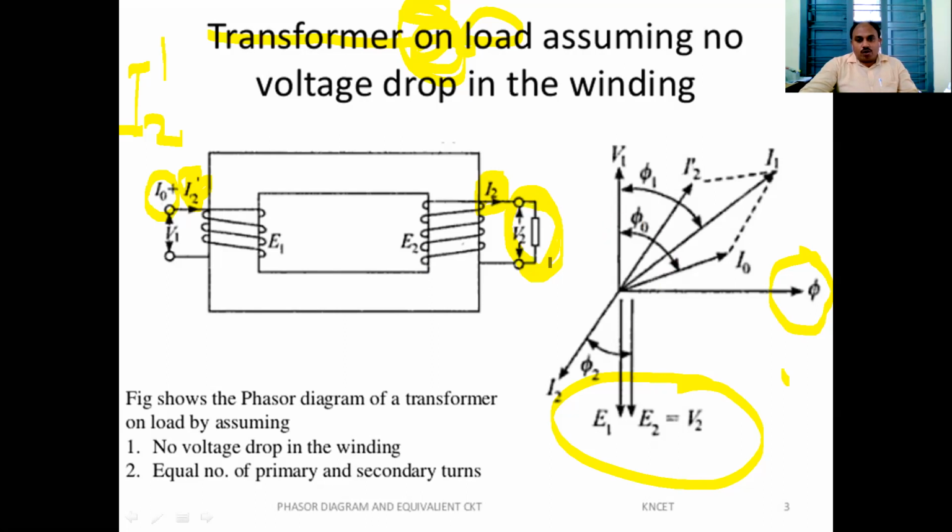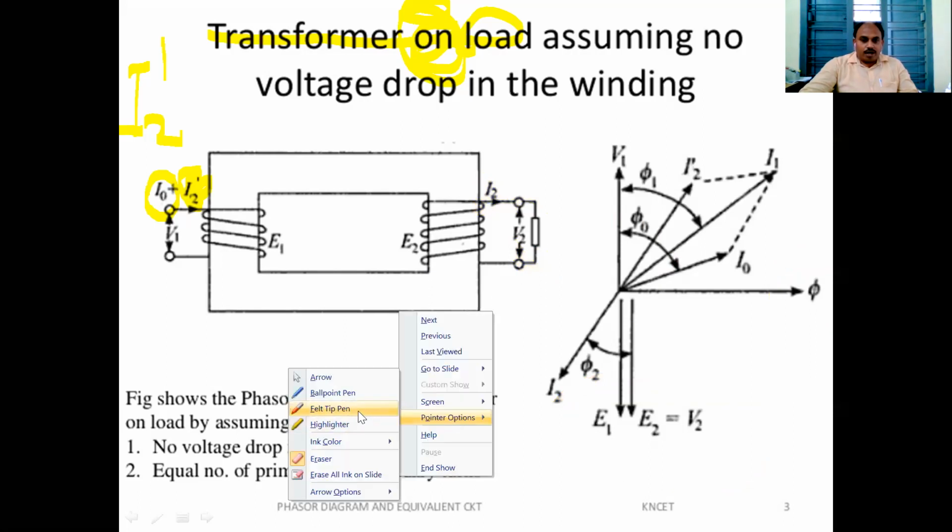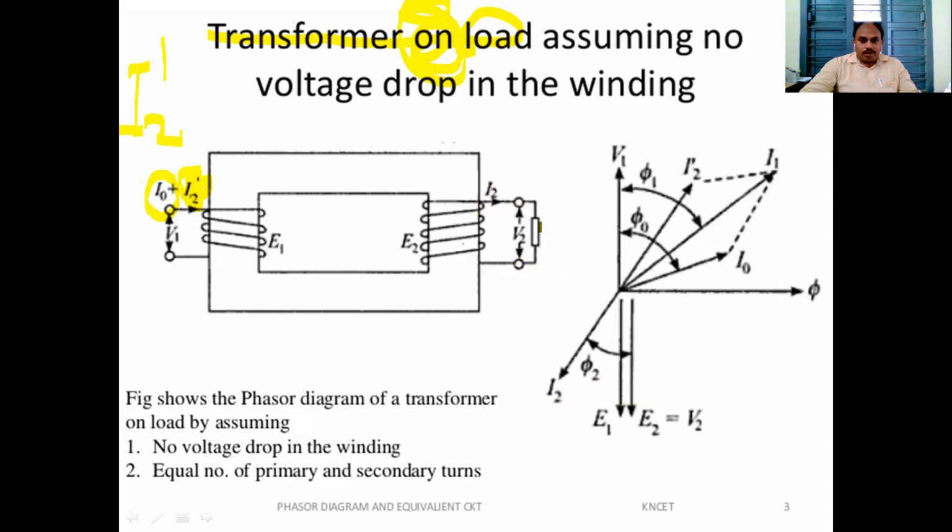Depending upon this load, it may be a resistive load, inductive load, capacitive load, or RL load. Phasor diagrams are drawn under load condition depending upon this load.